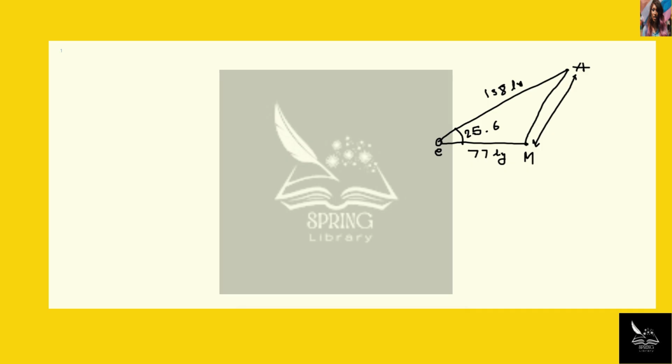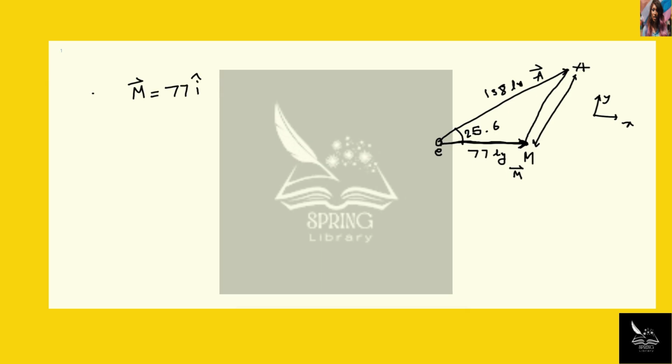Now let's say this vector, the distance vector from Earth to Merak, is m bar, and the distance vector from Earth to Alkaid is a bar. Now we know that because of the way we chose our coordinates, if the horizontal direction is the x-axis and the vertical direction is the y-axis, the Merak vector would just be completely on the x-axis, and hence it would be 77 i.